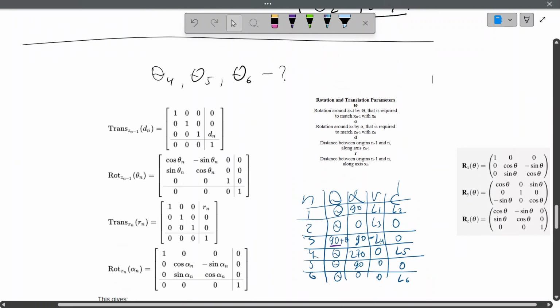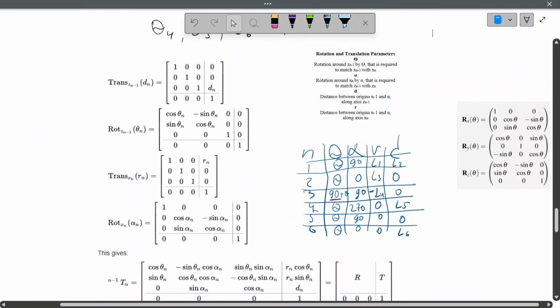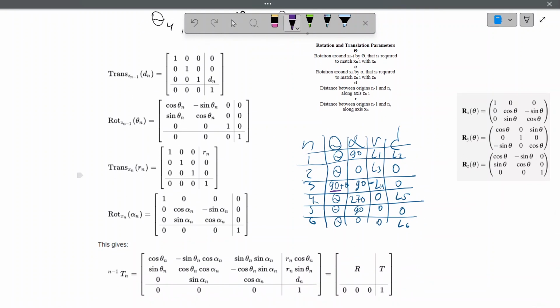So before we defined the parameters, the rotation parameters. So this is rotation and this one is distance. So we have two rotation parameters. So here we consider the two rotation matrices, this one and this one. And we have two distance parameters. So we have this distance, this distance.